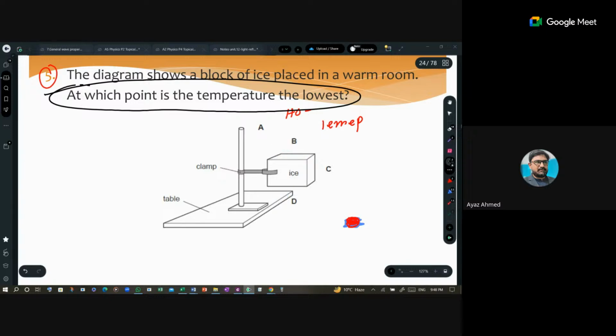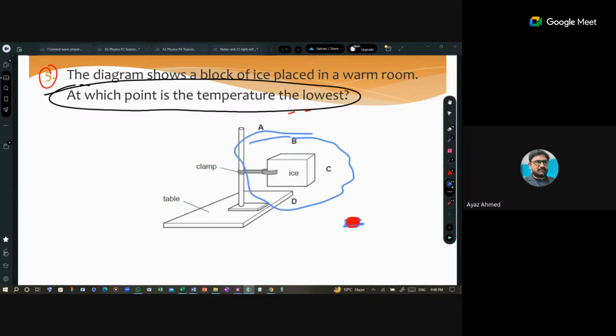Listen, now I'm going to explain it. Do you agree with D? Yeah, I guess, yes. Okay, very good. So this is the region where you have air. When you place ice over there, the ice will make all the air cold. Are you agreed? Yes, sir.